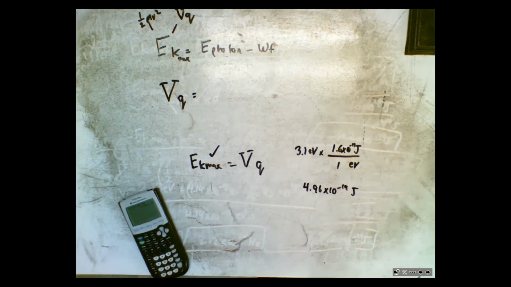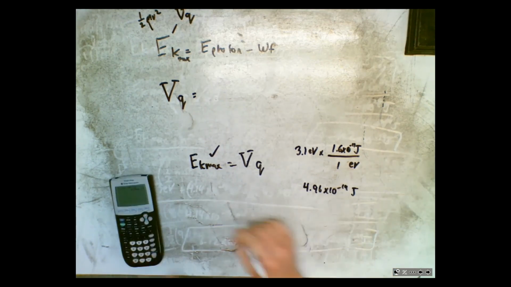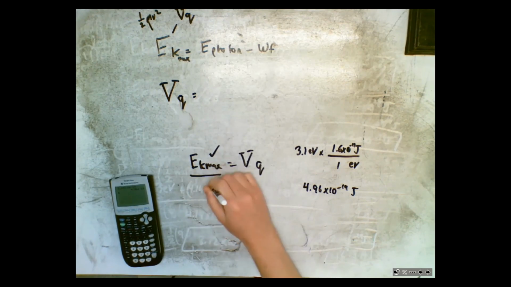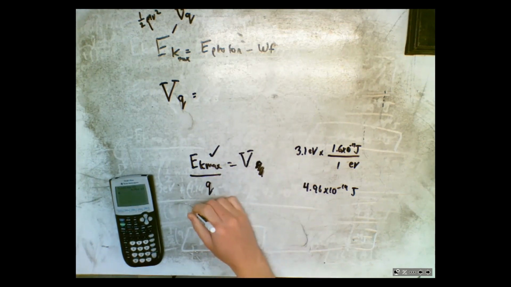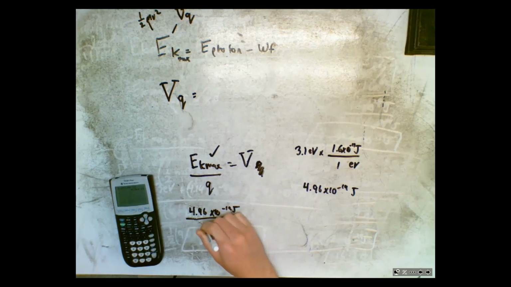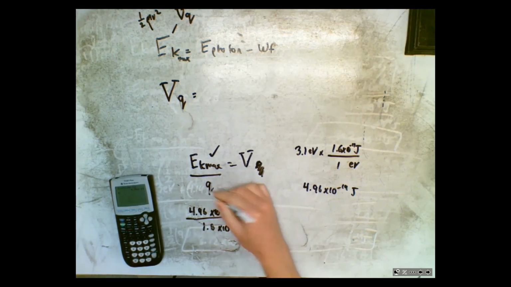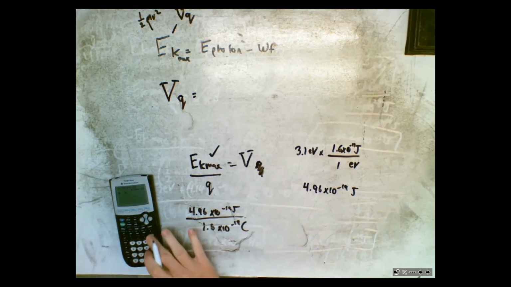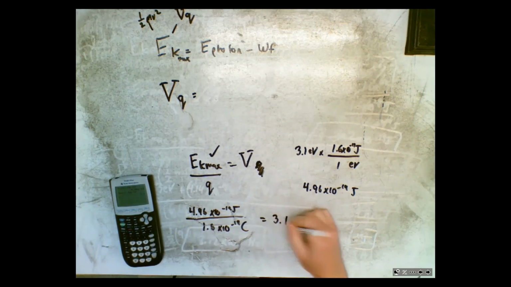So now it's in joules. So if I want to find my voltage, I could just do that. My EK max is 4.96 times 10 to the negative 19 joules, and then I divide it by 1.6 times 10 to the negative 19 coulombs, because that's the charge on the electron. And when I do that, I get, magically, look at this, 3.1 volts.